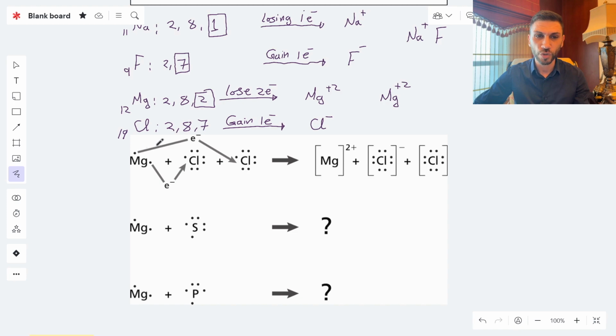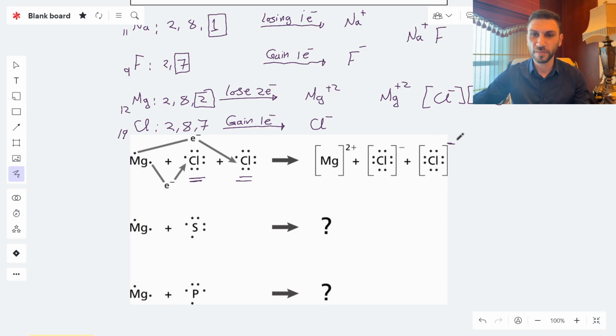The first electron will be lost to the first chlorine atom, and the second electron will be lost to the second chlorine atom. So we need 2 Cl negative in order to make the compound neutral. So Cl negative and another Cl negative.